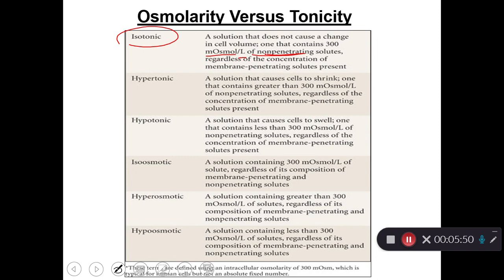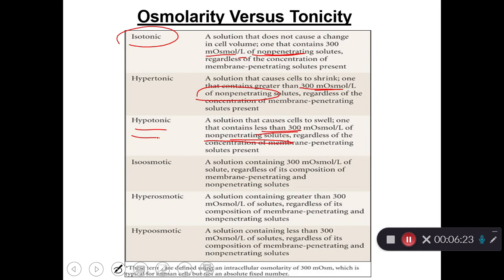How about if the concentration of the solution is more than 300 milliosmoles of non-penetrating solutes? In this case, it is hypertonic. If the solution has a concentration of less than 300 milliosmoles of non-penetrating solutes, it is hypotonic. So tonic here cares about the non-penetrating solutes only.